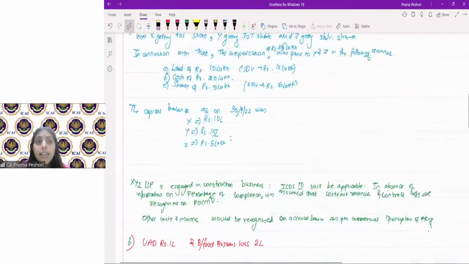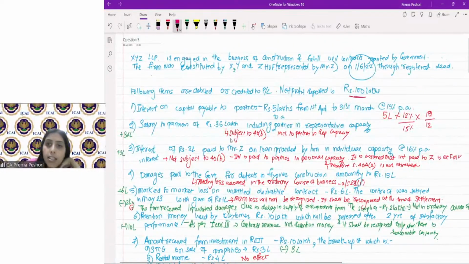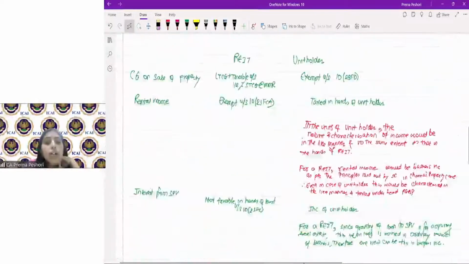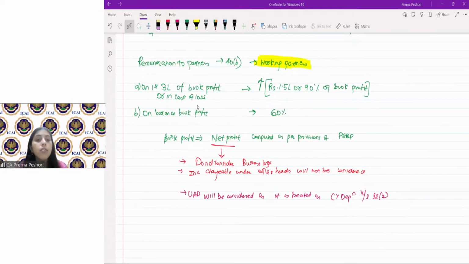So therefore, in this case, you will consider this 100 lakhs, then make all these adjustments, including the UAD, you will reduce, and then finally you will calculate as per this particular quantum which is given. Are we getting that? Yes or no? Any doubt till now? Any questions, any doubt?